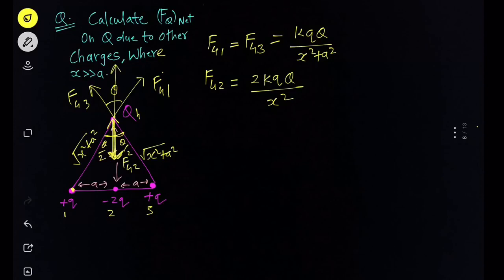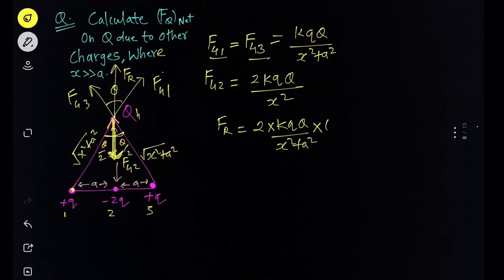Let's consider the resultant is FR. Using the previous values, since both forces have the same magnitude, we can write FR as 2 into kqQ divided by x square plus a square, into cos theta by 2, the angle between them.